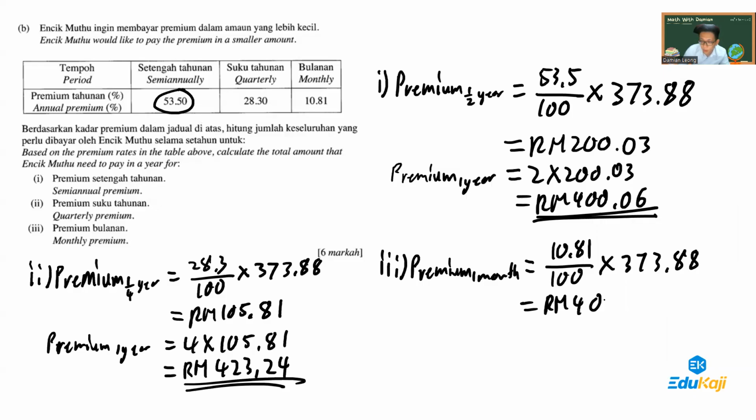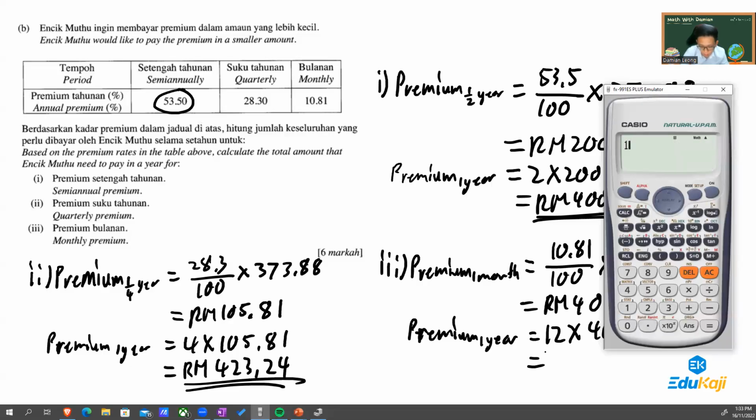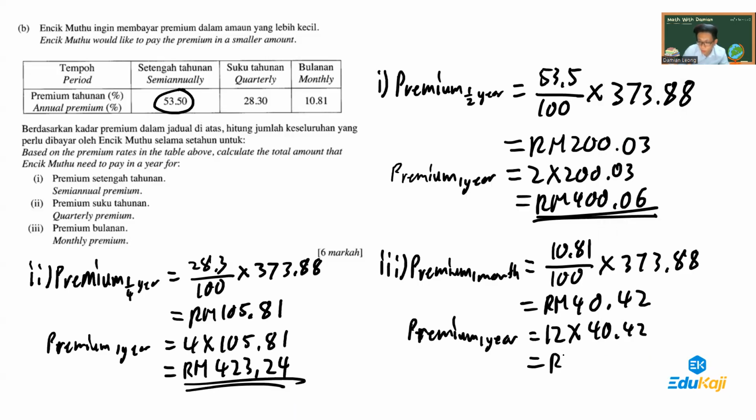40.416. 40 ringgit 42 cents. So its premium in 1 year will be 12 months times 40 ringgit 42 cents, which is $485.04.